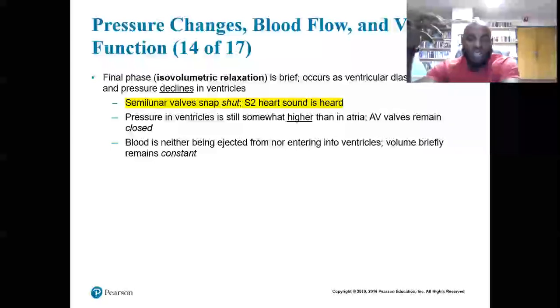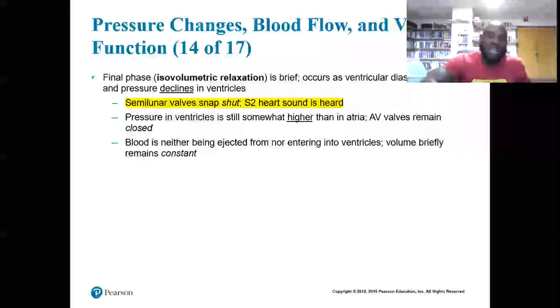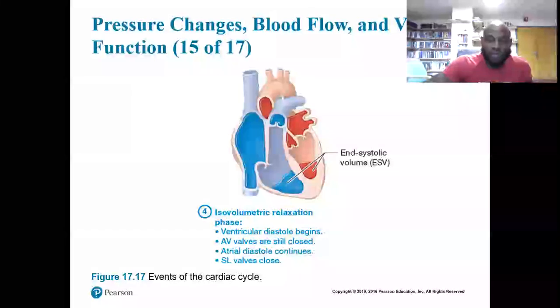So therefore that pressure shuts the semilunar valves. Pressure in the ventricles is somewhat higher than the atria, so the AV valves remain closed. And now blood is neither going in nor out of the ventricles, and they go into their rest. Ventricular diastole begins.